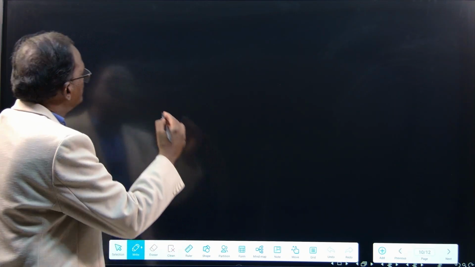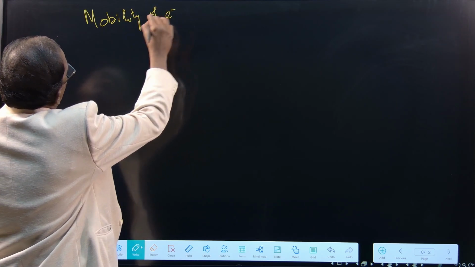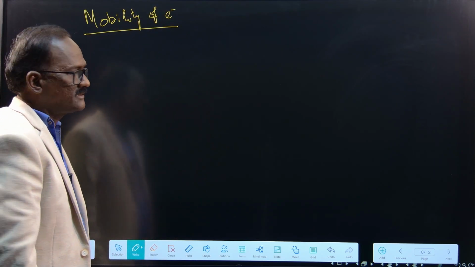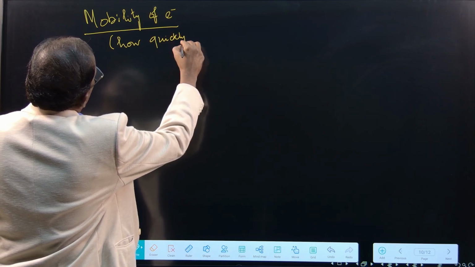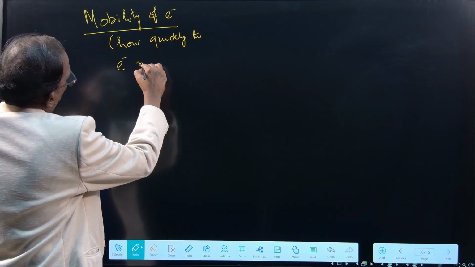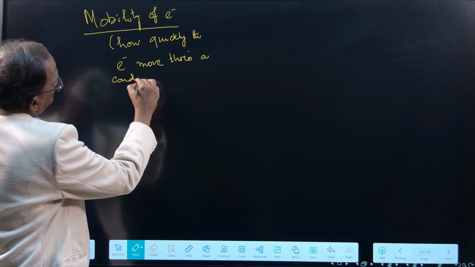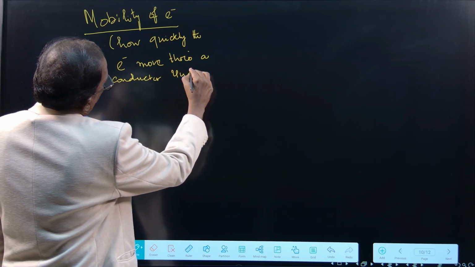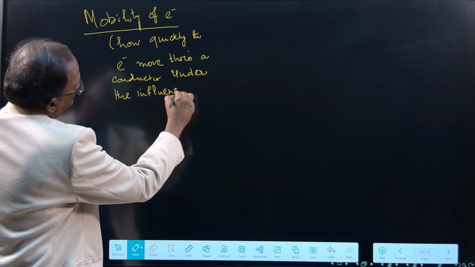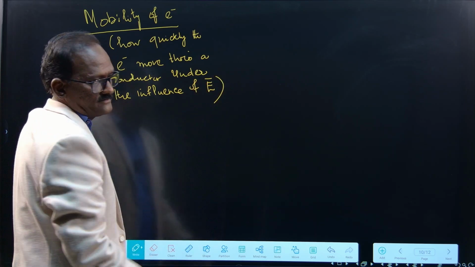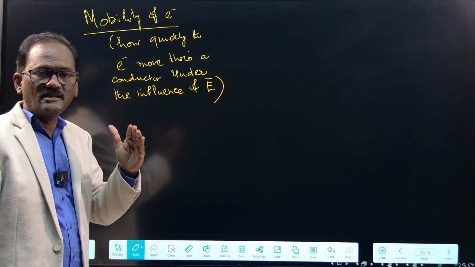Next, mobility of electrons. The meaning is how quickly the electrons move through a conductor under the influence of E. We have seen that if we apply an external electric field, the electrons would move.